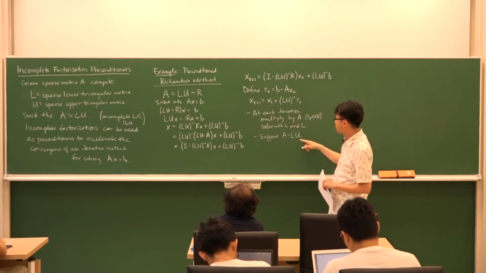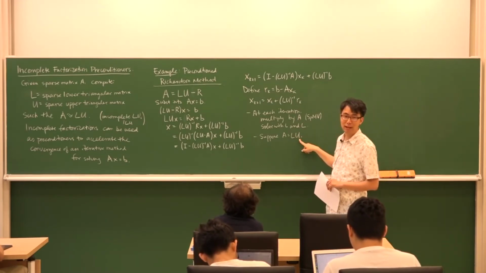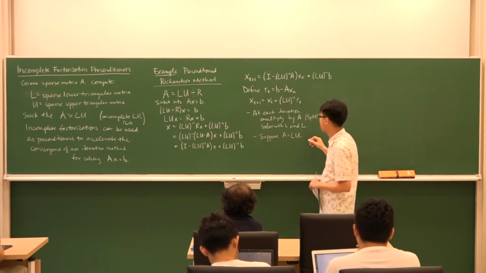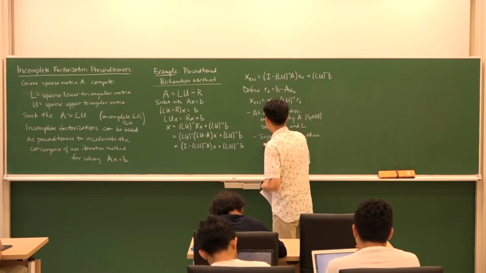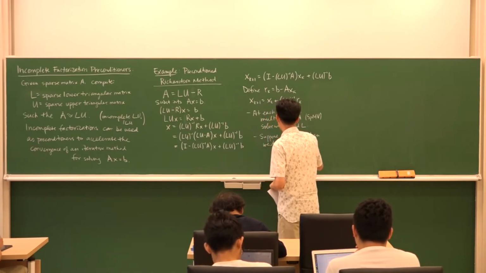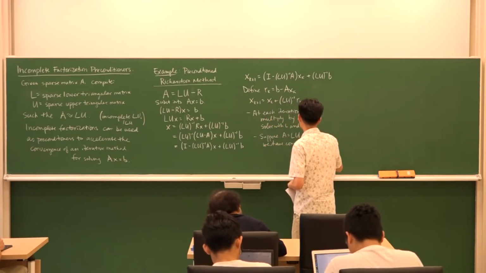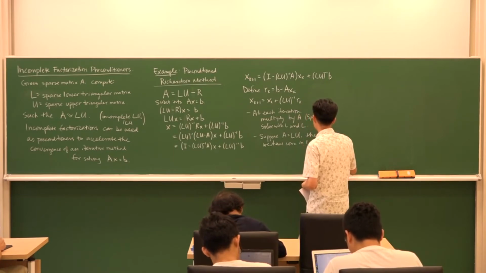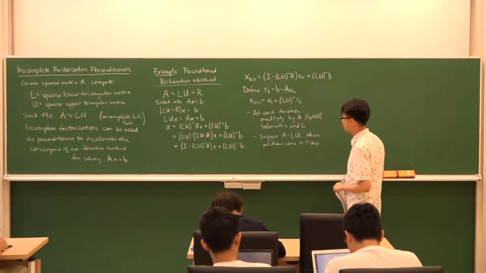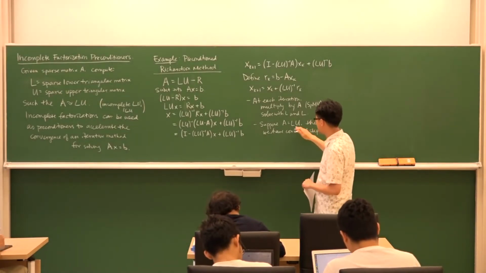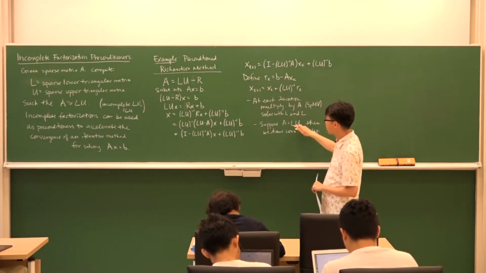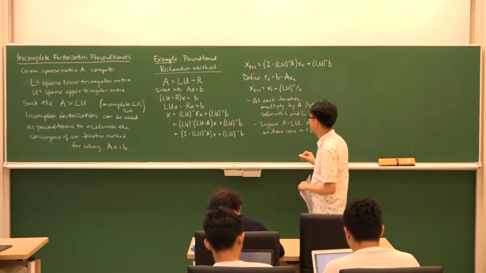The bad thing is, of course, it's expensive to compute an exact factorization. So the drawback is obvious: it's expensive to do that, so it's not practical. This is what we're trying to avoid in the first place.